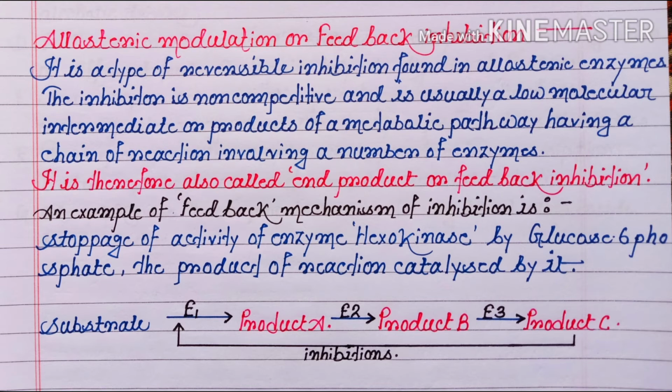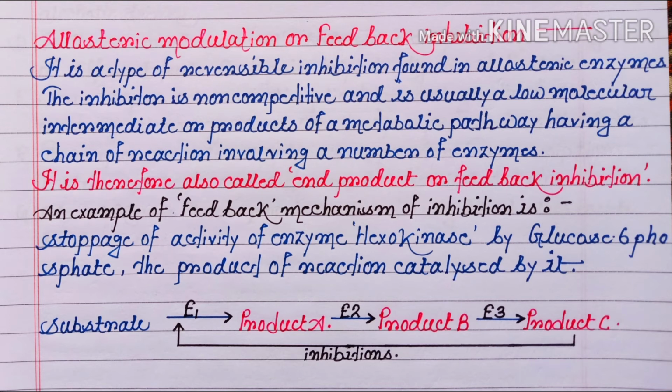It is therefore also called end product or feedback inhibition. An example of the feedback mechanism of inhibition is stoppage of activity of the enzyme hexokinase by glucose 6-phosphate, the product of the reaction catalyzed by it.